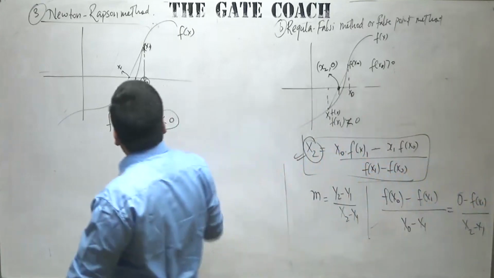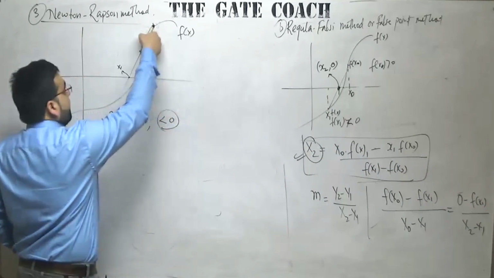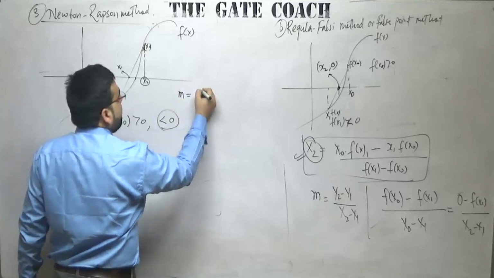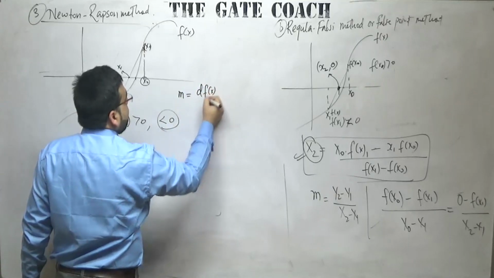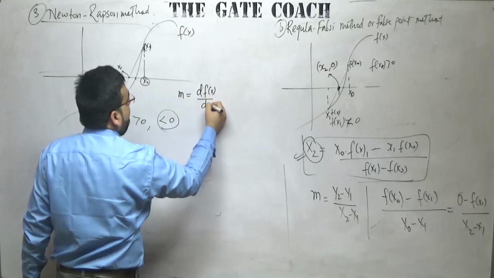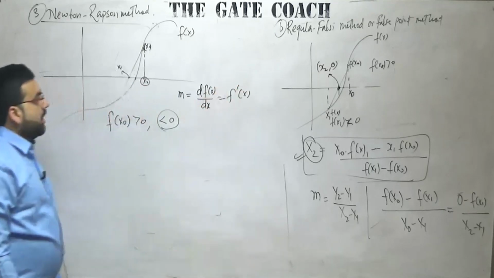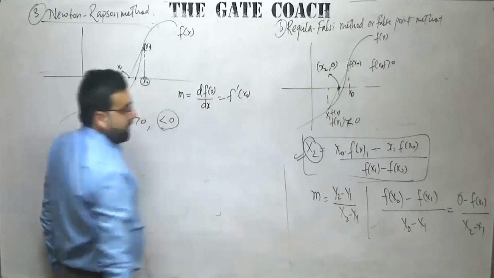So, how to get the equation of this tangent? We know that the slope of this tangent, m, will be equal to d f x divided by dx, or can also be called f dash x. Tangent at the point x0 will be f dash x0.